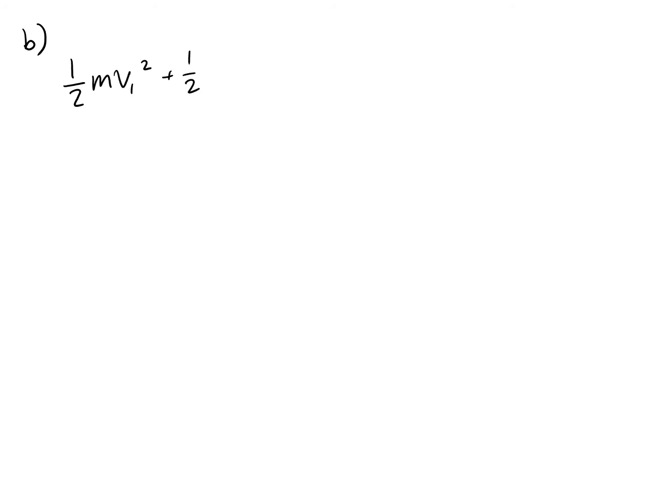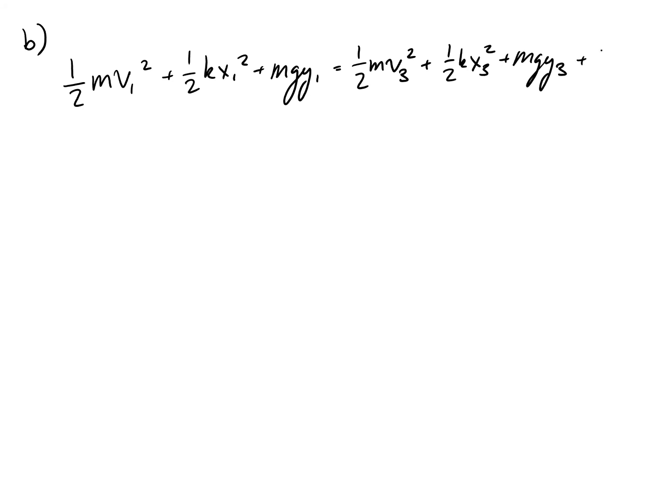I'm going to have all the same energies I had before for point 1. When looking at 3, because I've now undergone some amount of friction, I'm going to have a change in thermal energy.